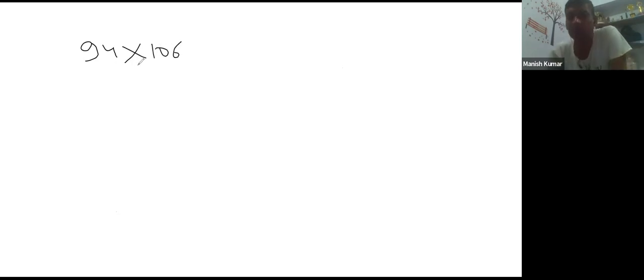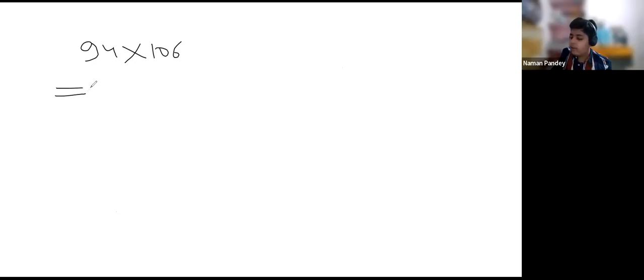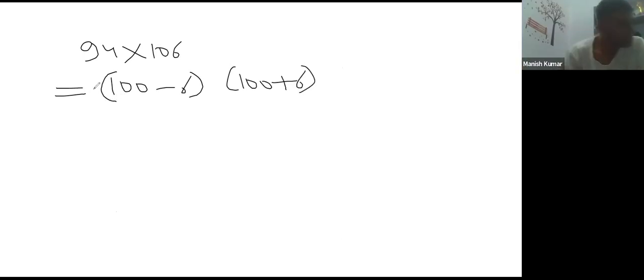Okay, if I am writing 94 into 106, Naman, tell me how to do this one. 94 into 106. Tell me on the board itself. 100 minus 6 into 100 plus 6, we can write this. Okay, good. A square.